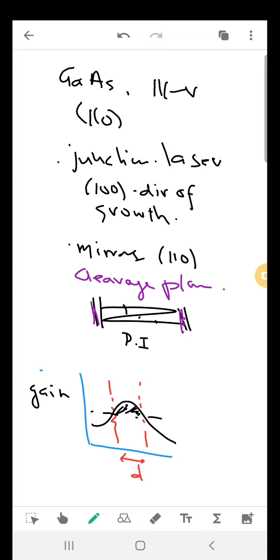This is the gain versus thickness of a diode laser.